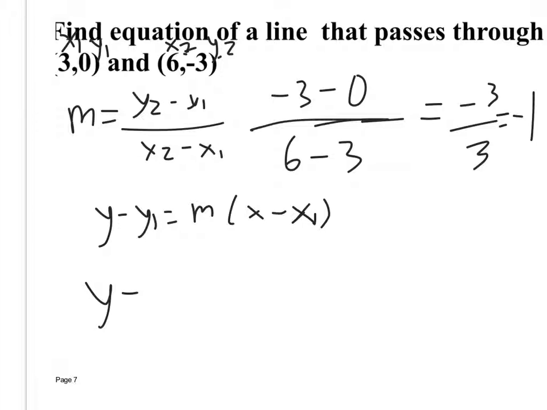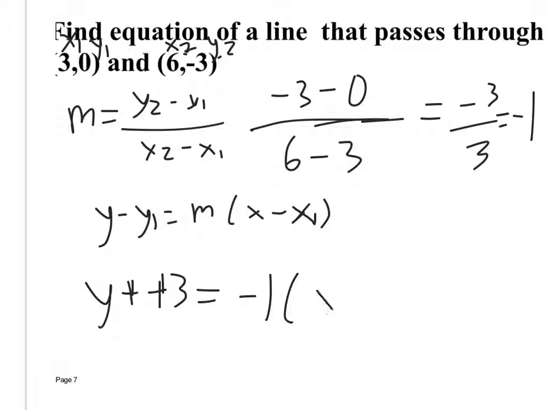Negative 3. Okay, y minus negative 3, so I make sure, because I'm going to end up making those positive, right? Two negatives make positive. Equals, what's my m? Negative 1 over 1, or same thing as negative 1, right?